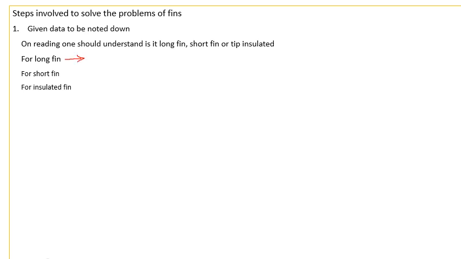If a problem is stated like this: one end of a long aluminum rod is connected to a wall at 140 degrees centigrade. So here it has been mentioned one end of a long aluminum rod. So it is a long rod, I can consider it as a long fin. Similarly, it may be in some other problem.